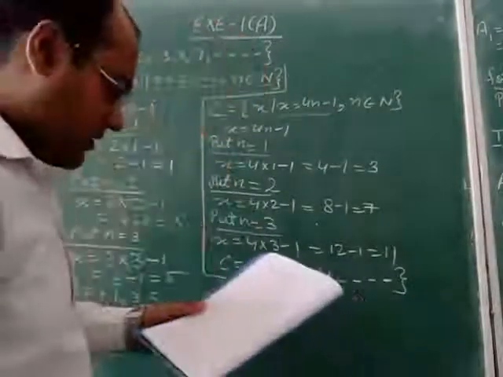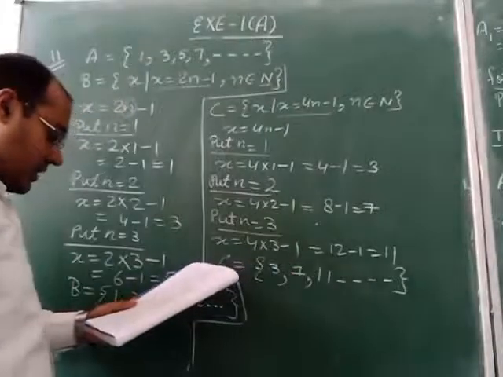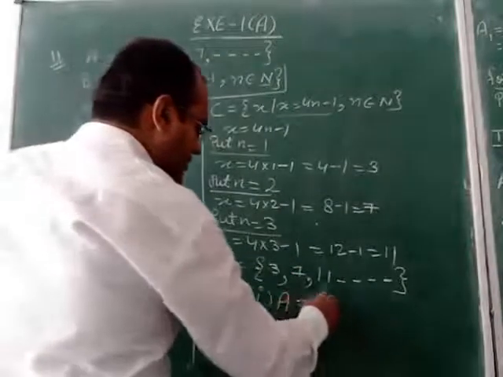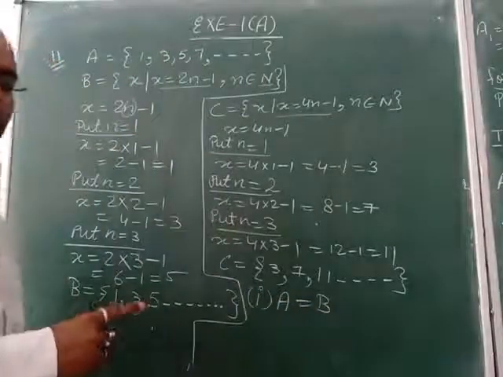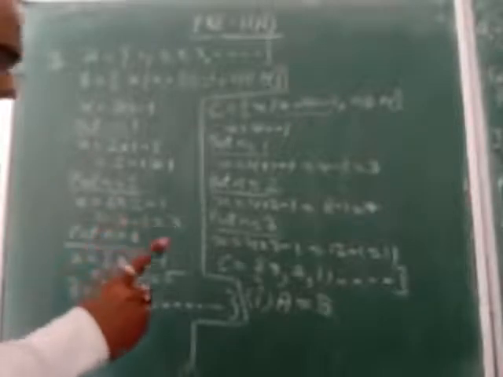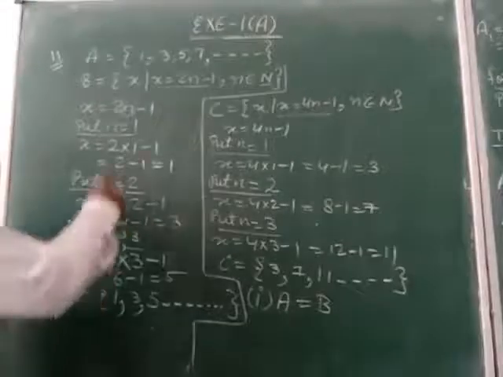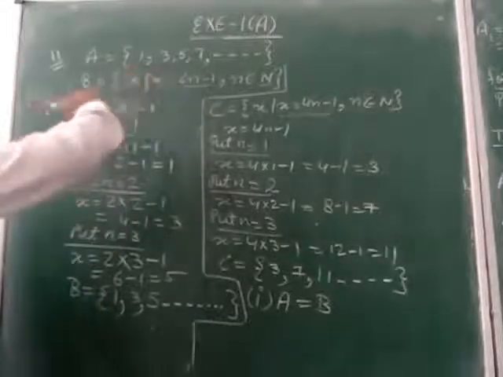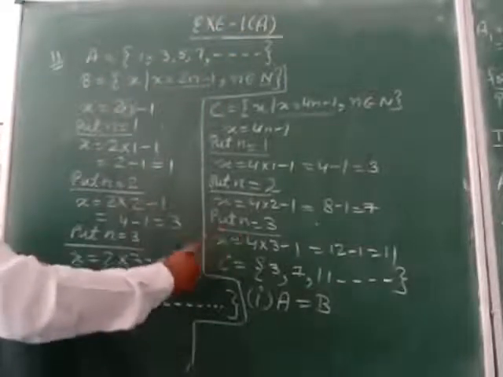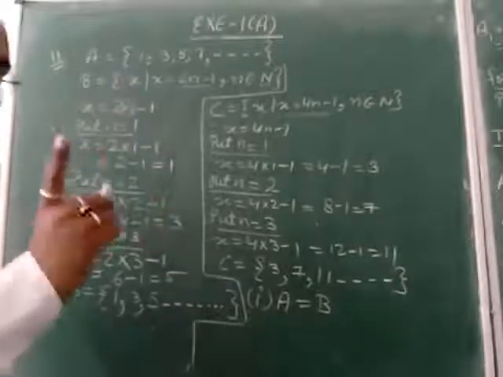In the first part, A equal B, we have to state true and false. A equal B. In the equal, I told you in the previous question, equal means elements must be same. A and B. A elements 1, 3, 5, 7 and so on. B elements also 1, 3, 5 and so on. These two are same, exactly same.